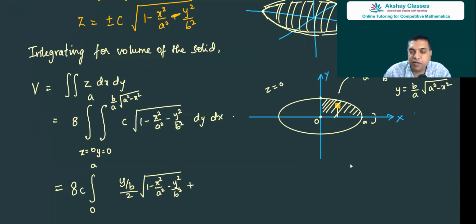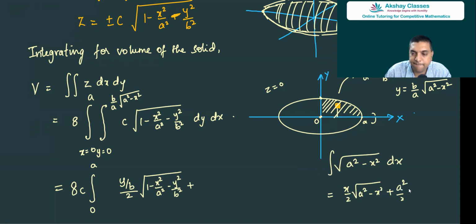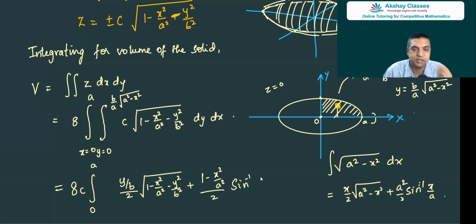This is the formula. So instead of x, you have to take y by b, and instead of a, you have to take this whole expression. That's what we are doing.